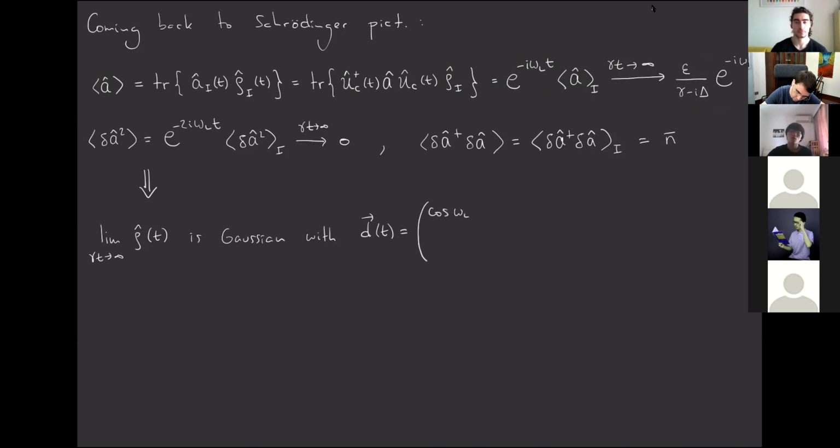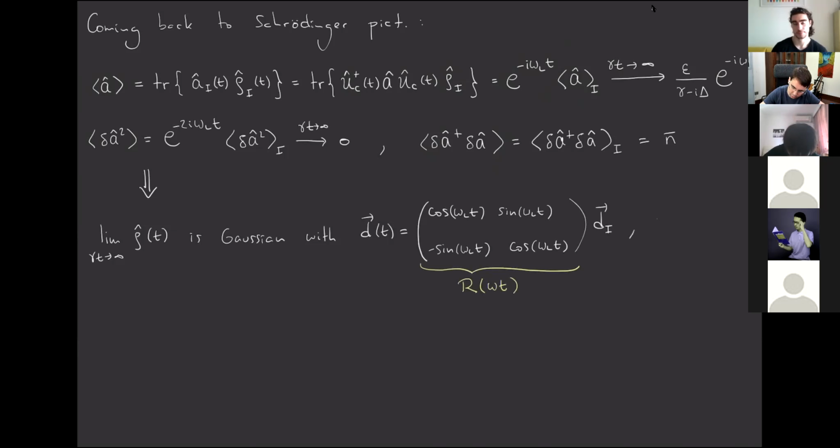So cosine of omega_L t, sine of omega_L t, minus sine of omega_L t, cosine of omega_L t, times the mean vector in the intermediate picture, okay? And this matrix in here is just a rotation. It's a rotation matrix with angle omega t, so it's rotating in time.